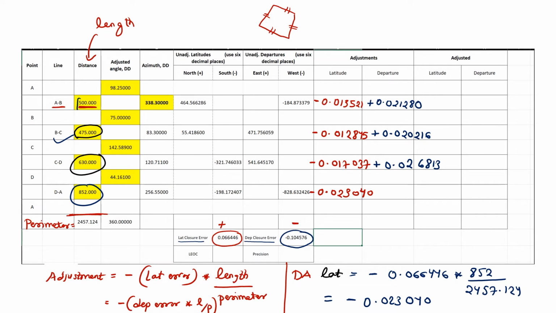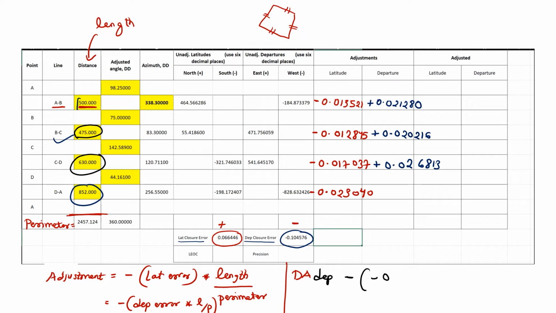So let's do it for the departure. It's going to be our last one. You got to be patient, you don't need to hurry, just take your time. And departure, so for this, negative of minus 0.104576 times, again it's coming from here, departure closure error times length by the perimeter, right, 2457.124 is our perimeter. So negative negative positive.